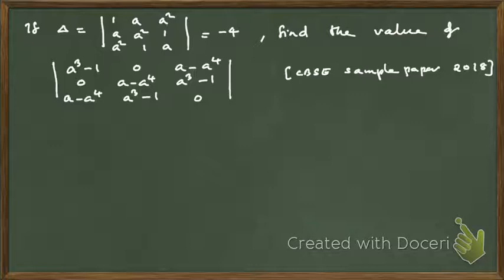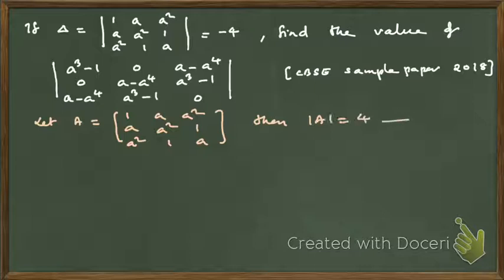It's a unique approach in this question. Because the question is set like that, I'm going to call the corresponding matrix A. Let A be the matrix corresponding to this determinant. I made it into a matrix; you see the brackets I have changed.